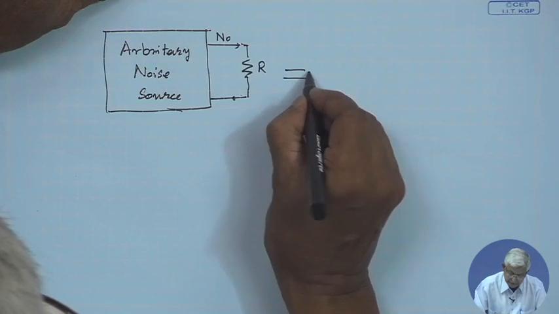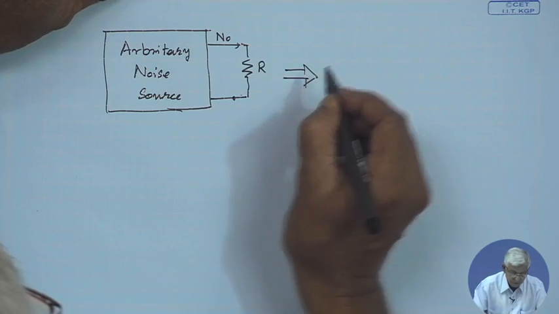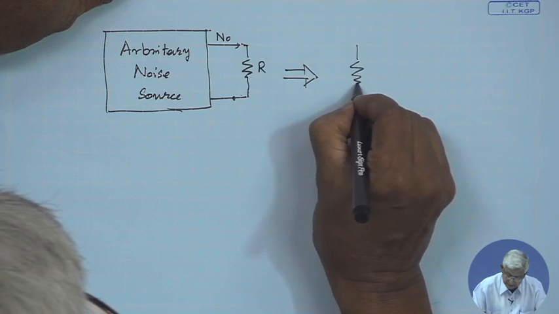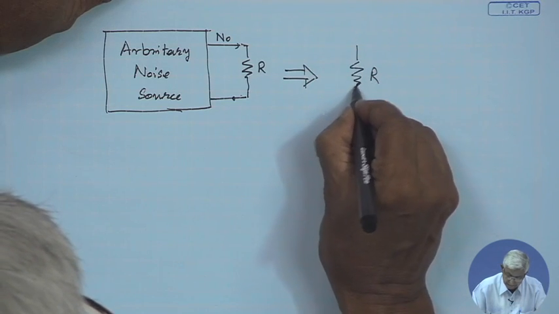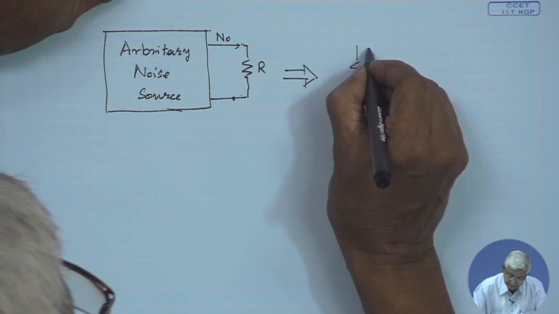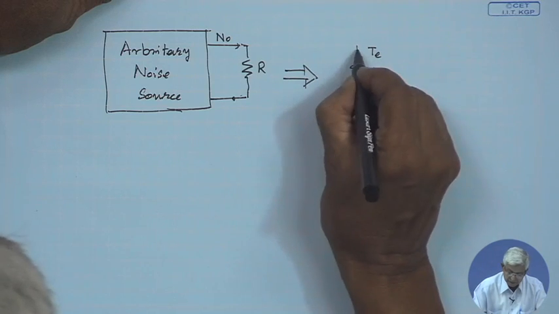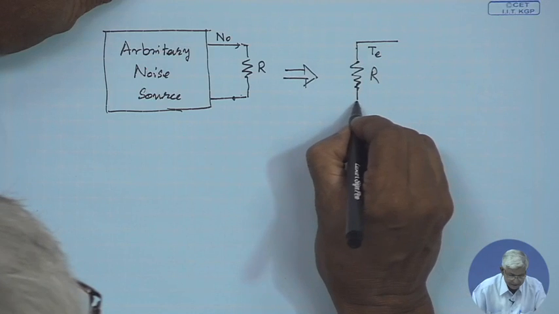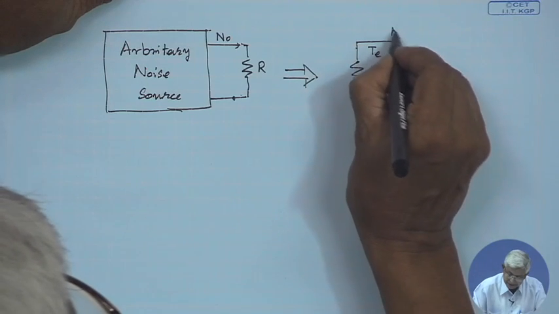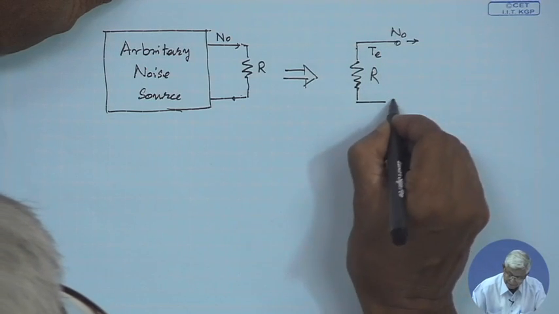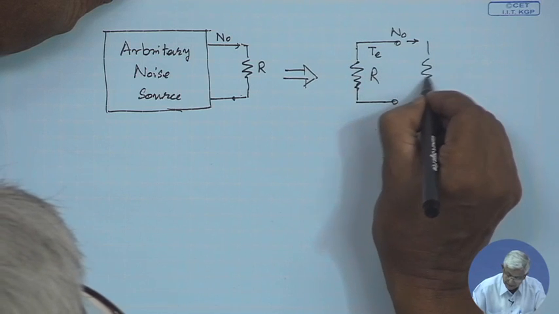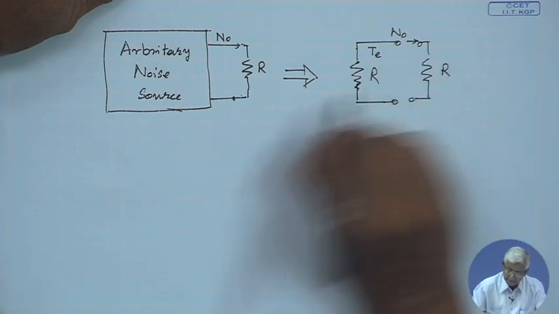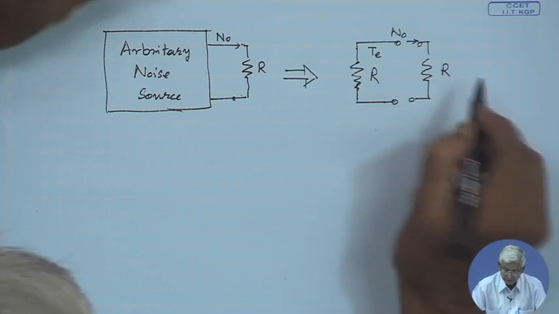This can equivalently be said as if there is a resistance at an effective temperature, not the physical temperature, which generates this noise power, and the maximum can be transferred when the source and load resistances are equal.